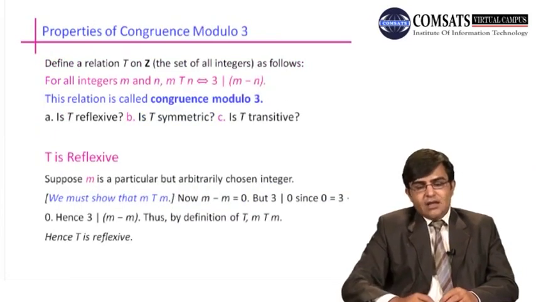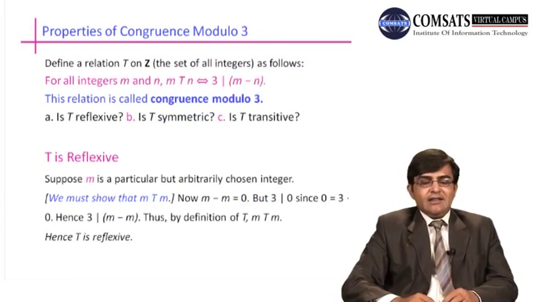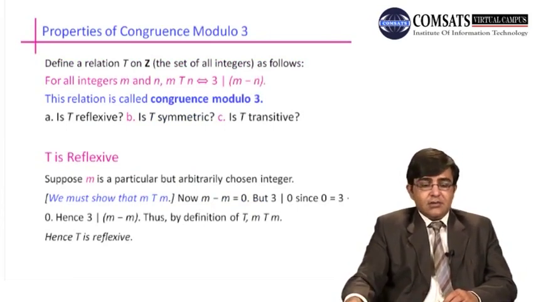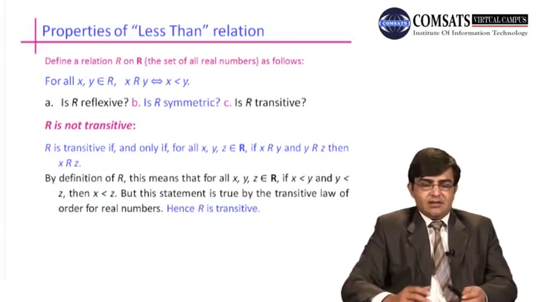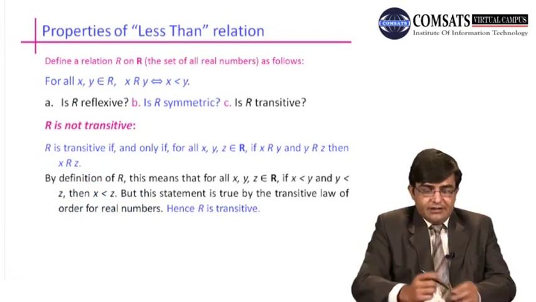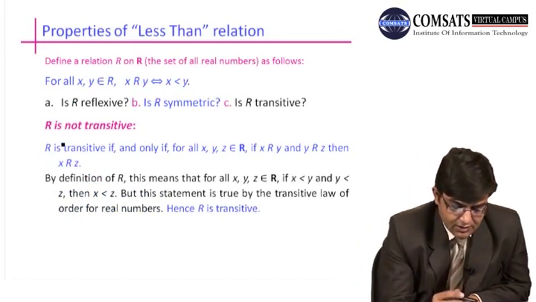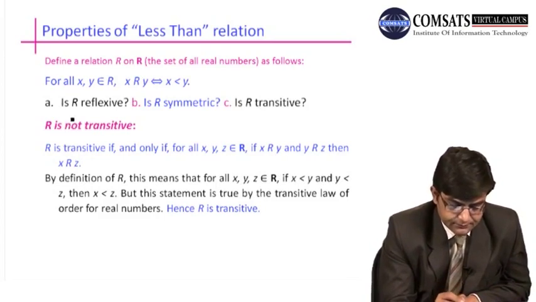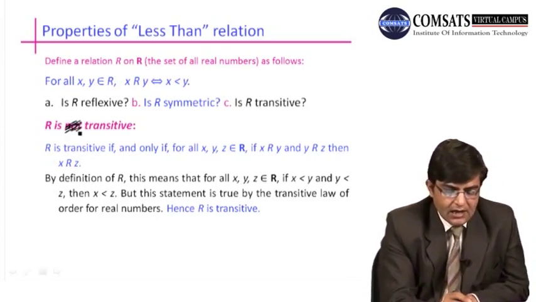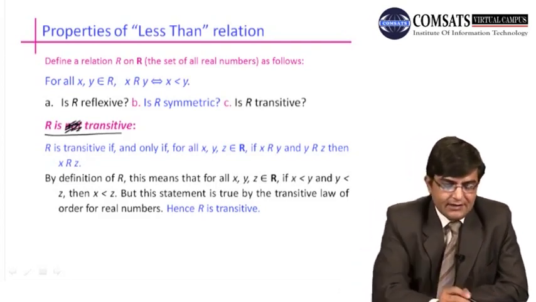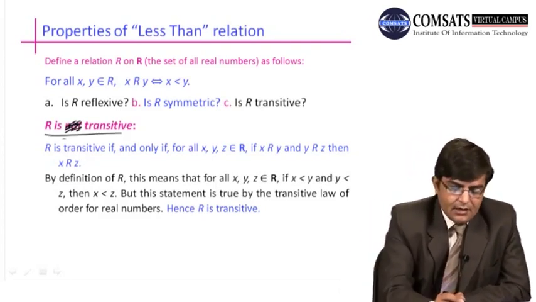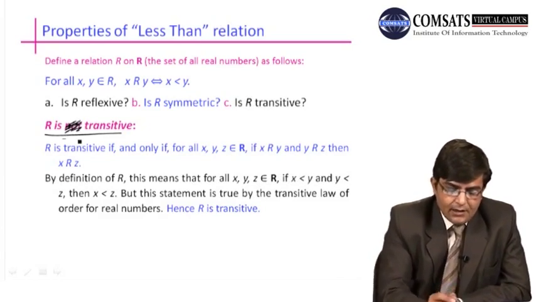The only property which this relation satisfies is transitivity. Here it was a mistake to say that R is not transitive; R is transitive.